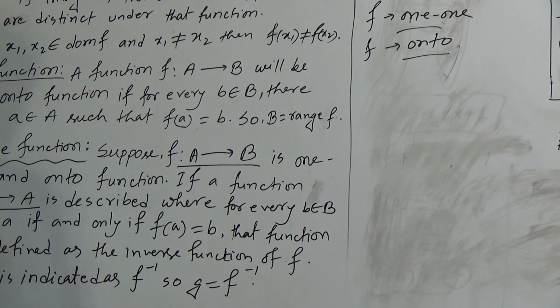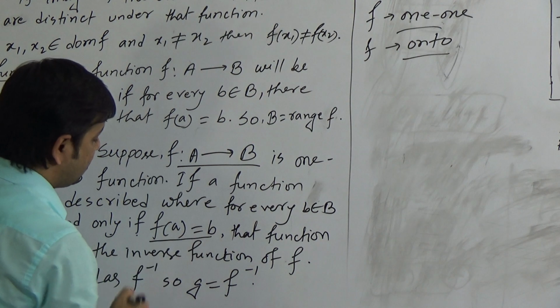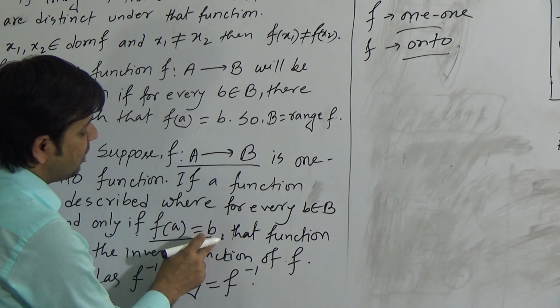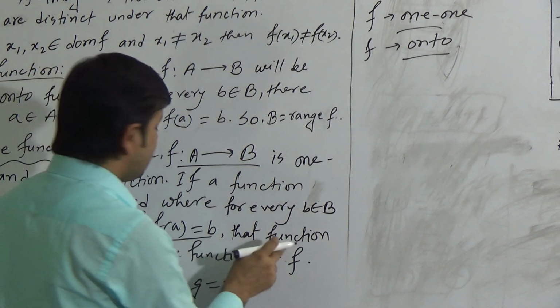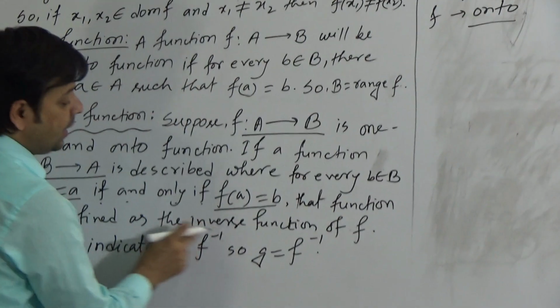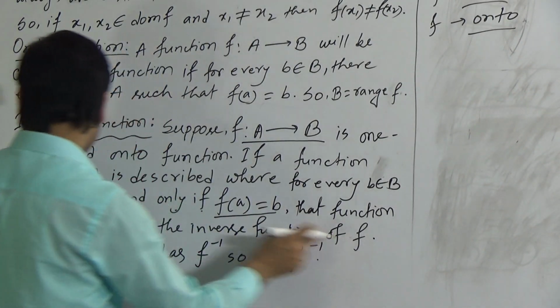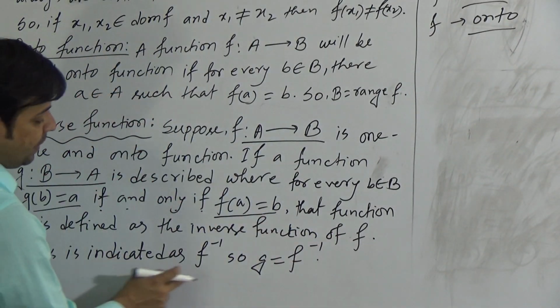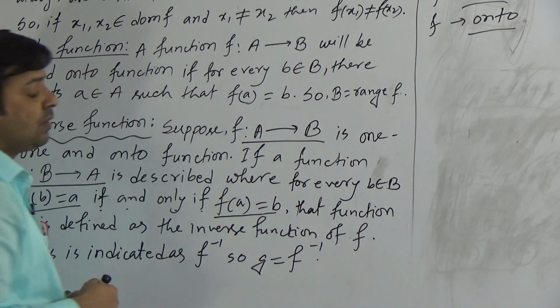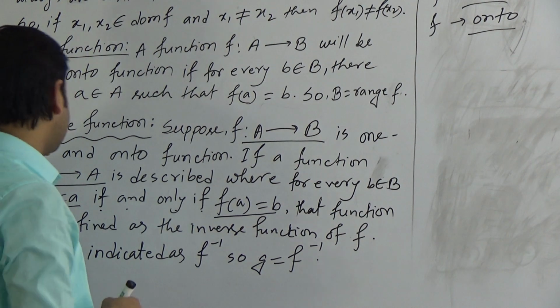This function can be described in this way: if and only if f of a equal to b, that function g is defined as the inverse function of f. This is indicated by f inverse. So g is equal to f inverse.